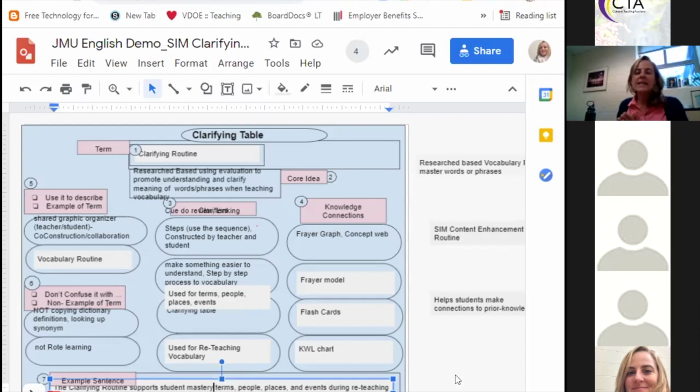All right, when I say what is something that reminds you, what's your knowledge connector? Which one of the ideas that we wrote down really resonates with you to draw those connections of what the clarifying routine is?